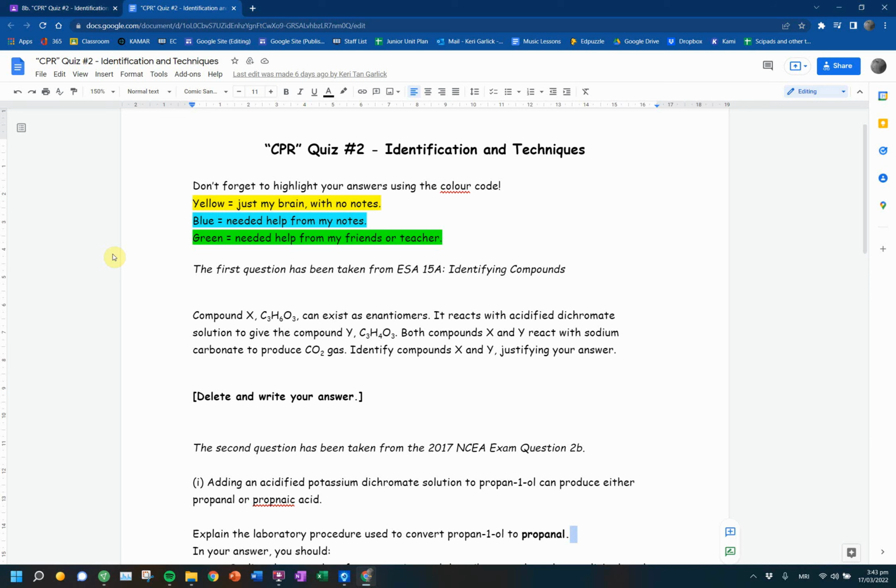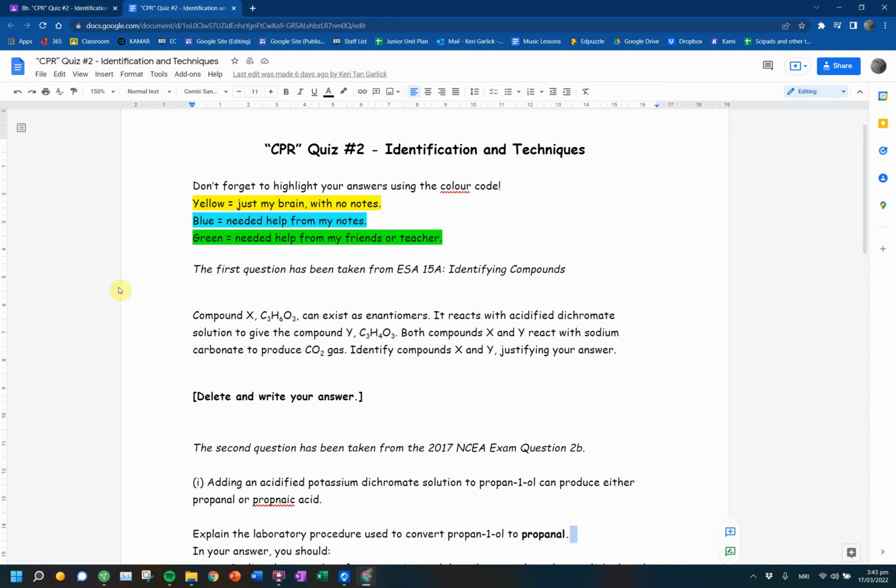And with that oxidant, I then form compound Y. And with that compound Y, they give me a new formula, C3H4O3.